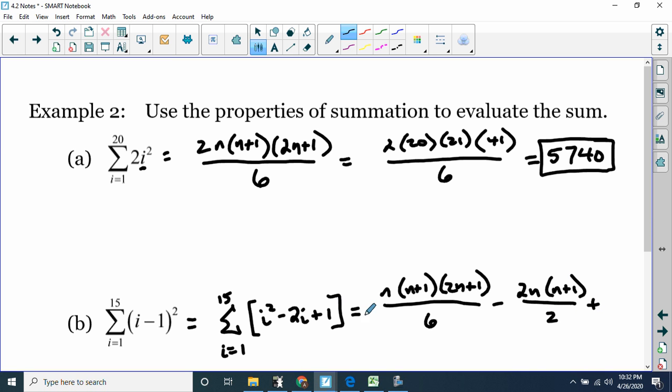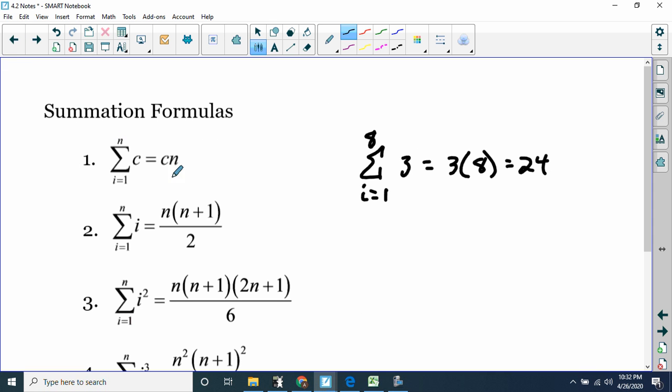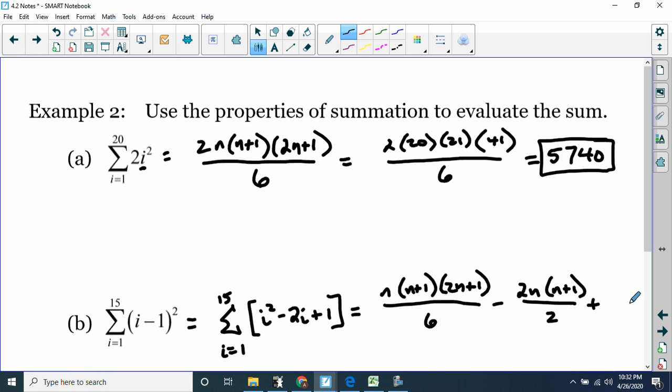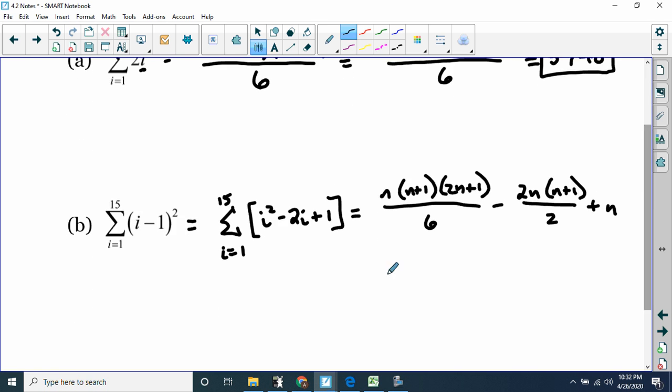And then the plus 1, 1's just a constant. So for the constant, we take whatever that constant is, 1 times n. Replace the n's with 15. Two times 15.